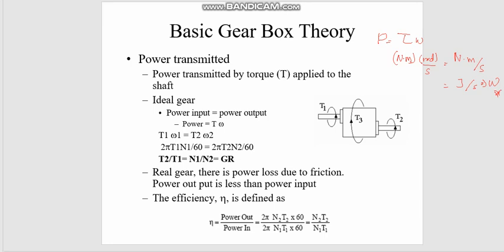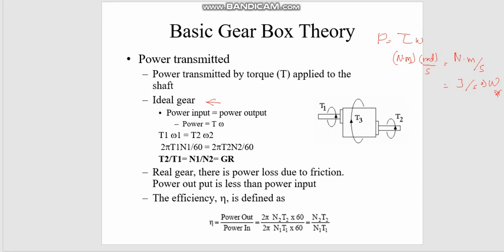So if we say that for an ideal gear system where you don't have any power loss, so efficiency is equal to 100%. There's no power loss due to heat, friction, and so on and so forth. That's the ideal case; in the actual case there's some power loss. So assume that's the ideal case.